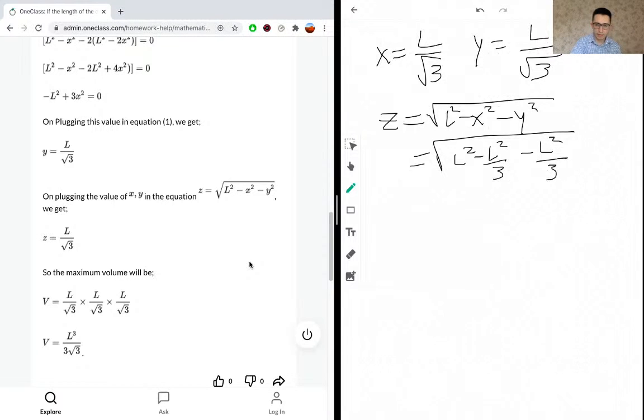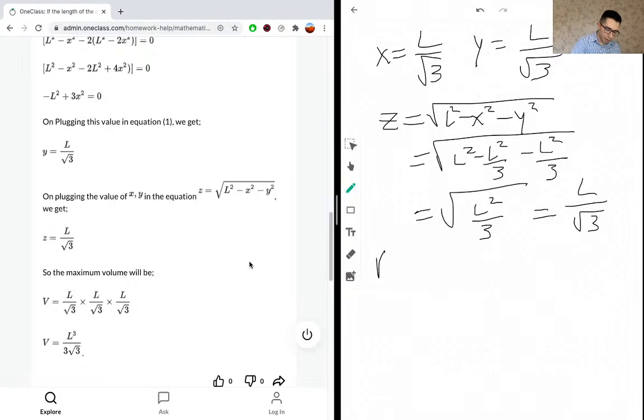If you ignore the L squared, because they're the same for each term, we have 1 whole L squared minus a third L squared minus another third L squared, which leaves us with a third L squared. So we're left with the square root of L squared over 3, which will give us L over square root 3. And that's the value of z where the volume is maximum.